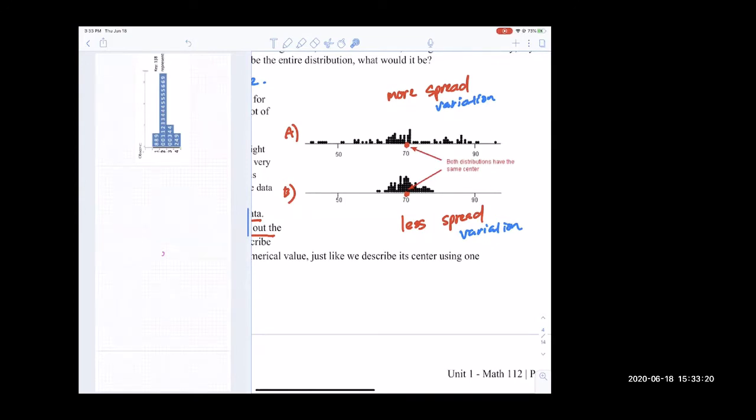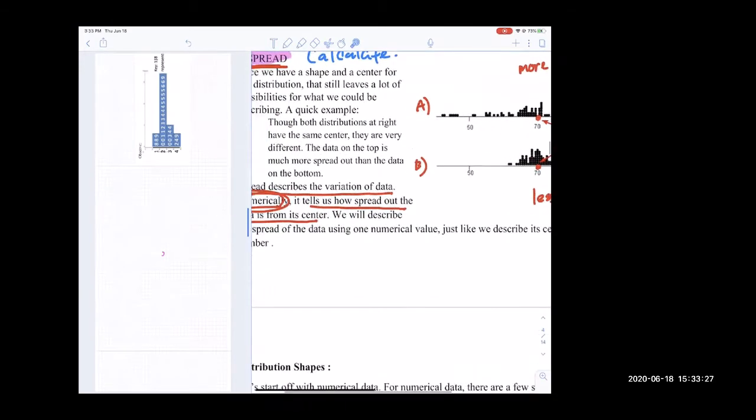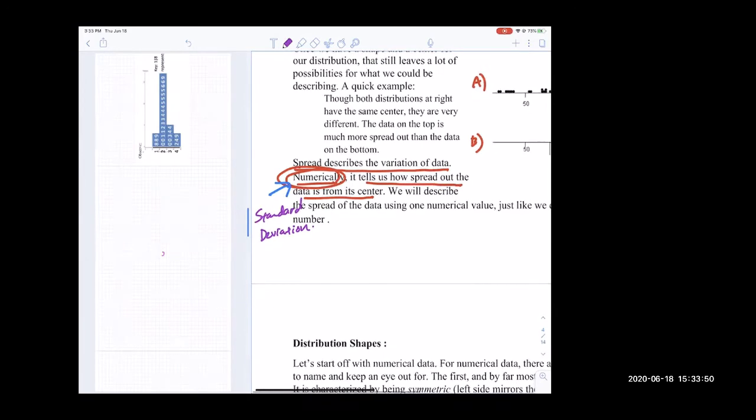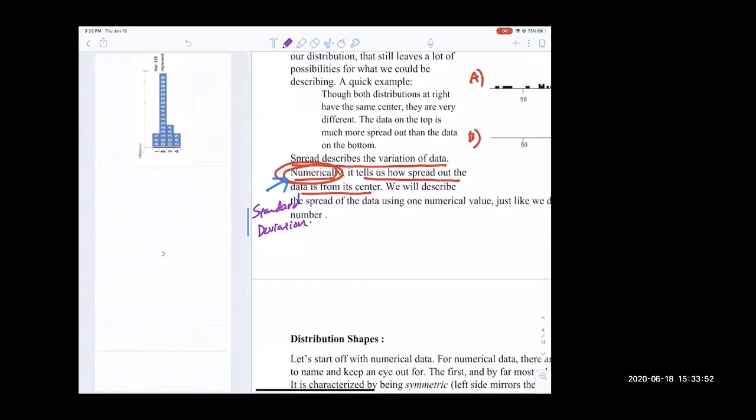Later on, you're going to be using technology to calculate this, and the numerical value we are looking for is considered the standard deviation. The more spread you have, the bigger the standard deviation. The less spread you have, the smaller the standard deviation.